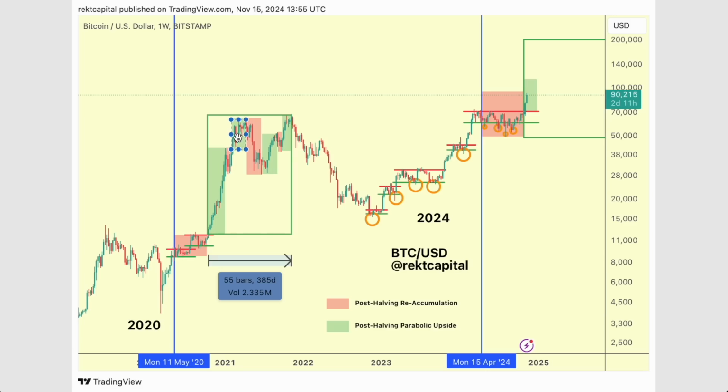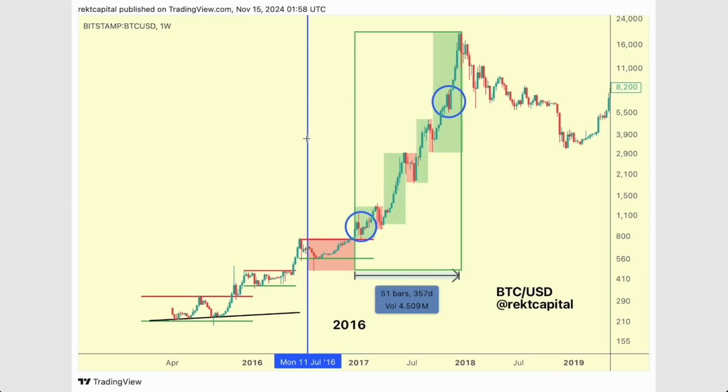So that's going to be the second price discovery uptrend. And in 2016, you can see how exponential this can be, and it takes a long time. These phases do take multiple weeks to play out, and that goes for both price discovery uptrends and price discovery corrections. They can last quite a few weeks, but then the price discovery uptrend ends, and then that second price discovery correction occurs. And 2016 saw quite a deep one right over here.